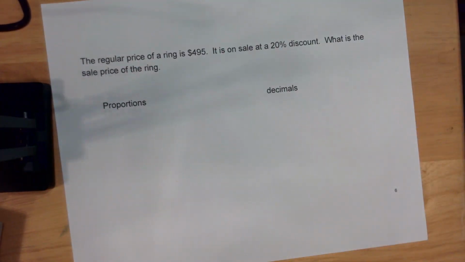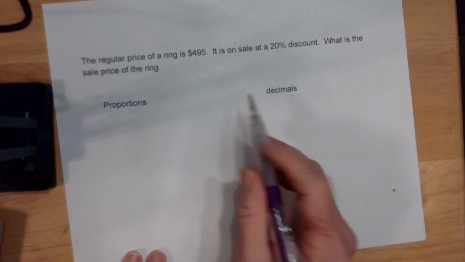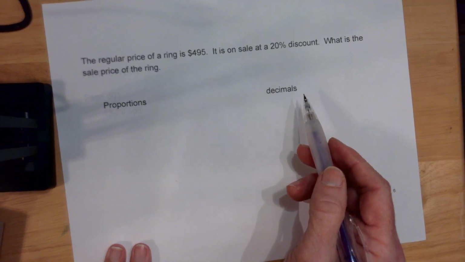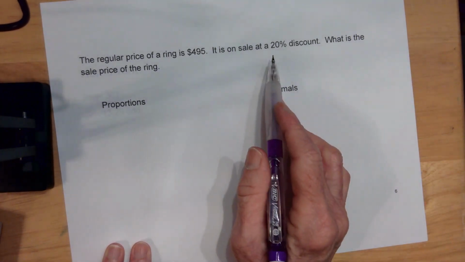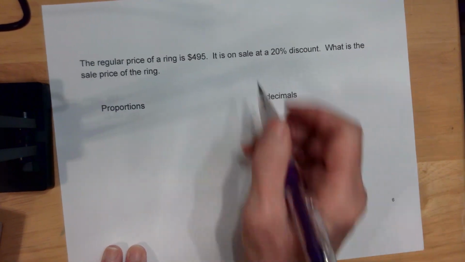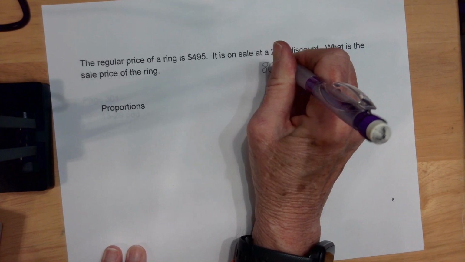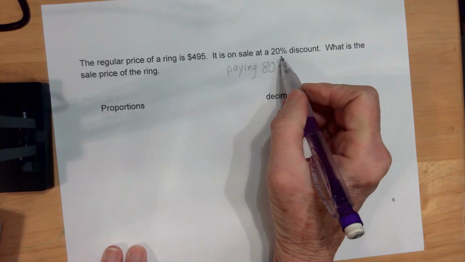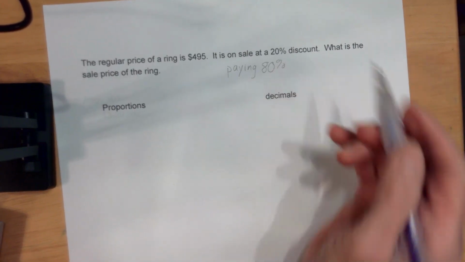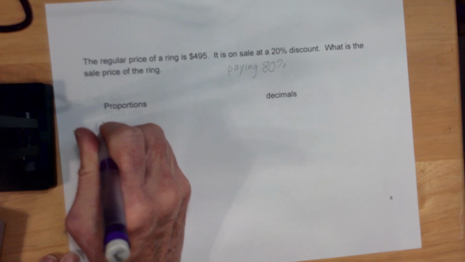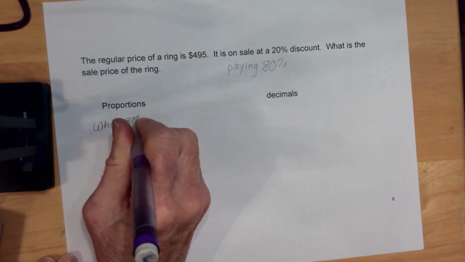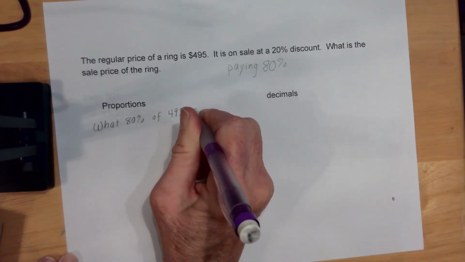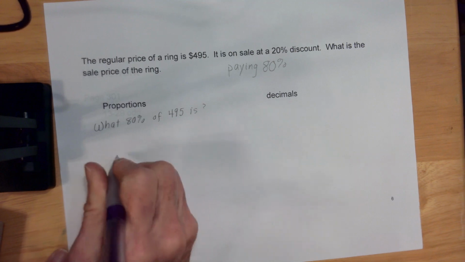Here's another problem. The regular price of a ring is $495. It's on sale for a 20% discount. What is the sale price of the ring? Well, if it's on sale for 20% off, that means I'm going to be paying 80%, okay? Because you have 100% minus the percent of the discount. So I'm paying 80%. So I want to know what 80% of 495 is. So I'm going to set it up as a proportion.